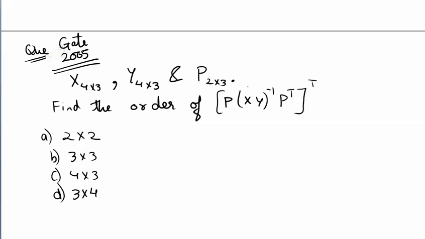This was basically X transpose, and this transpose should be on the top right, right? So this was a question asked in GATE 2005. Let us solve this question in a nutshell.